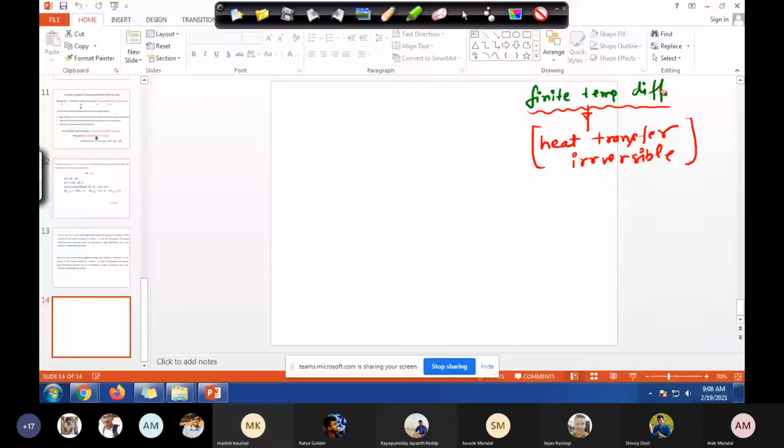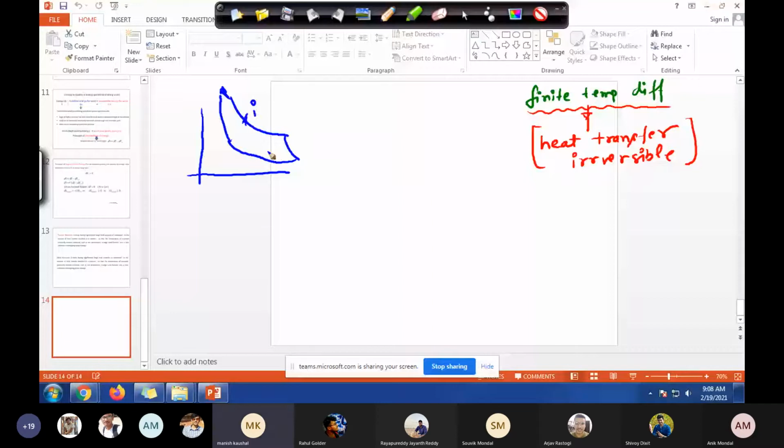Great. Now, first take an example of Carnot cycle. If we take an example of Carnot cycle, you remember that if we draw a PV diagram, we know that this is an isotherm, and this is also an isotherm.